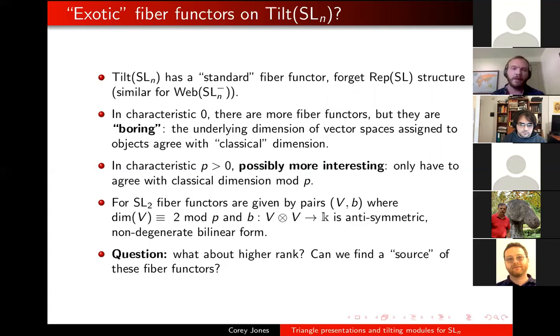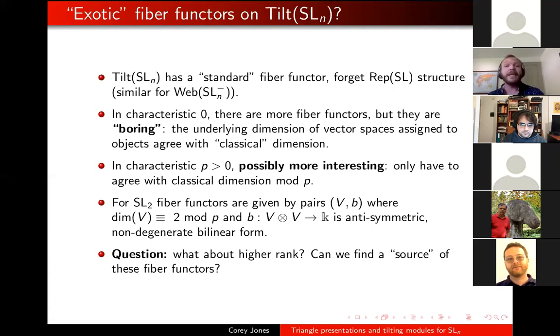And by the classical dimension, I mean the dimension of the object as a representation of SLN. So the quantum dimension under the fiber functor has to be the classical dimension, the one that you started with. And this isn't too hard to prove in characteristic 0.